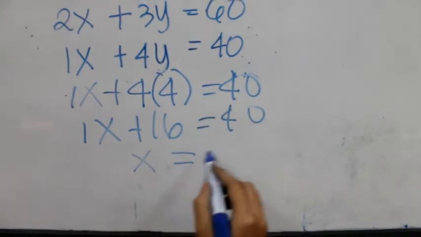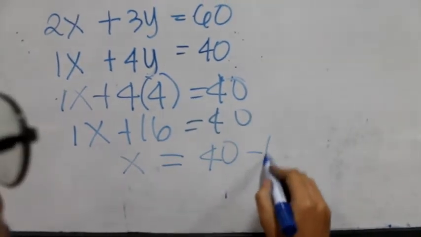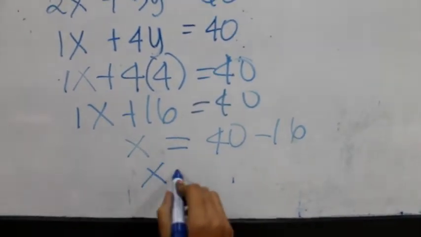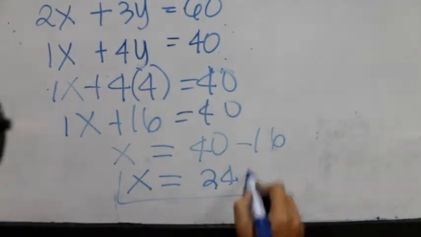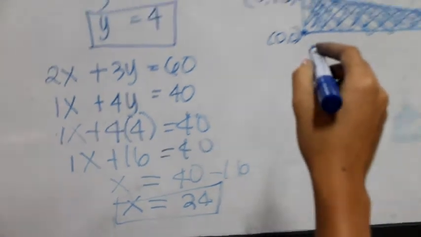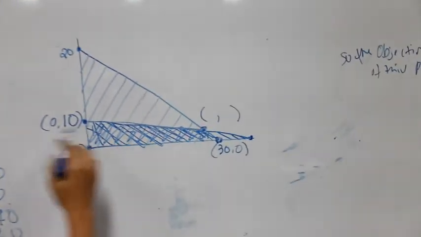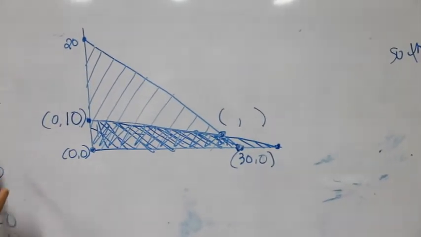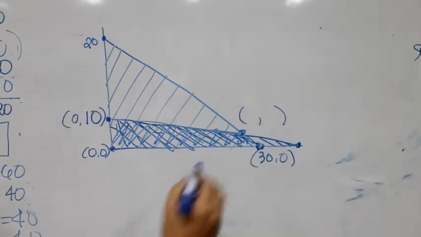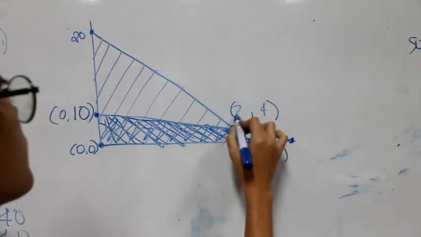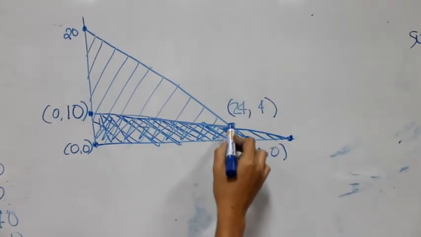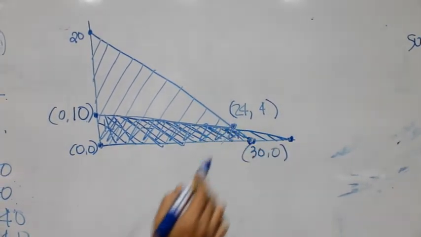X equals 40 minus 16, which is 24. We now plot 4, which is the y, and 24, which is x, here. We already found the last corner point.